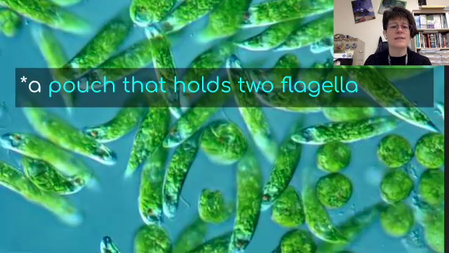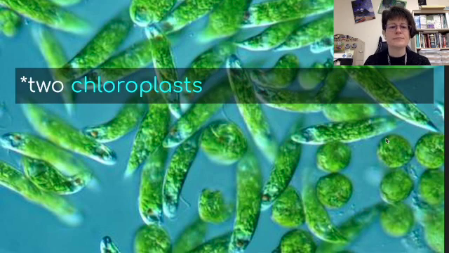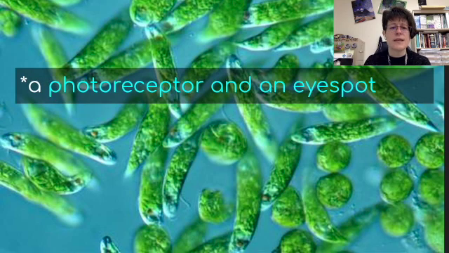Euglena have a pouch that holds two flagella. And you can kind of see here, there are some flagella coming out of these euglena, but they would be here at the end and coming out. It's kind of hard to see them though. They also have two chloroplasts for photosynthesis and a photoreceptor in an eye spot. You can see that eye spot right here, and here on these are kind of yellowish tan areas on these euglena.